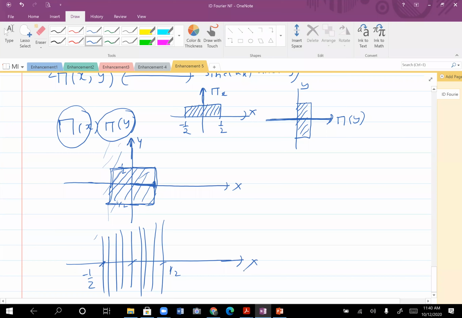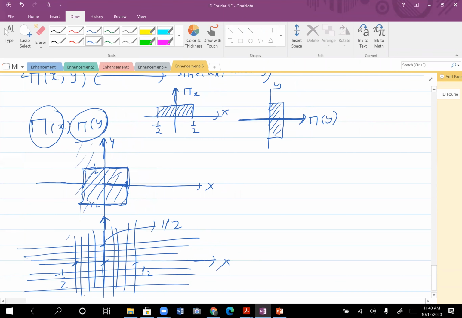Whenever I am drawing lines, you think that is equal to 1. Now pi y is 1 only for all these values, where for example this is 1/2 on the y axis. So if you look at the commonality, only in this region both pi x and pi y are 1. So only this region would come when you multiply them. Is it making sense?